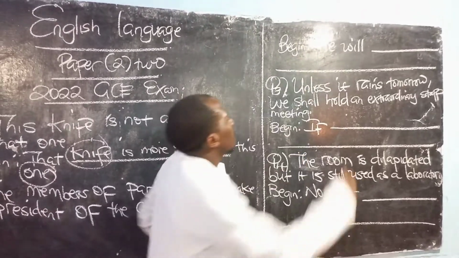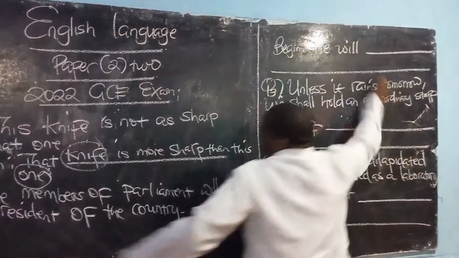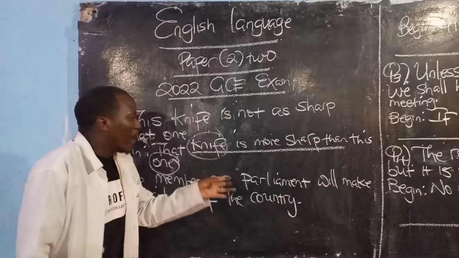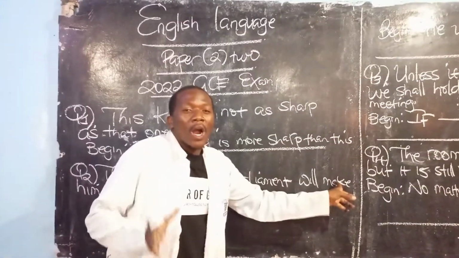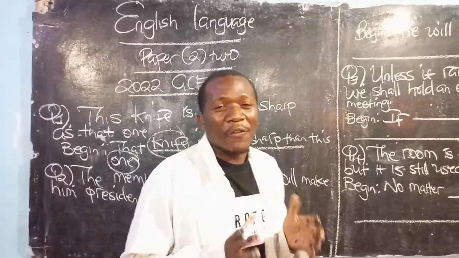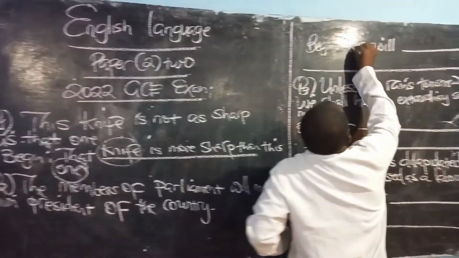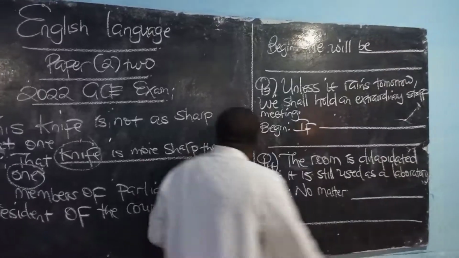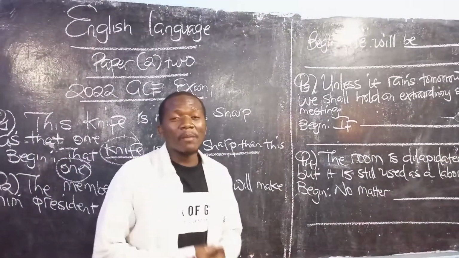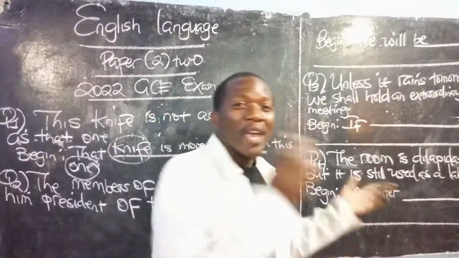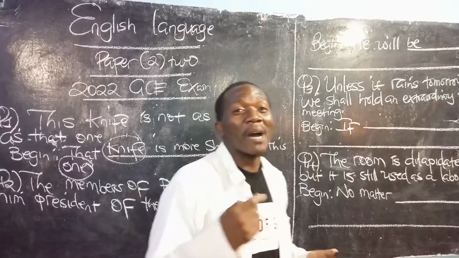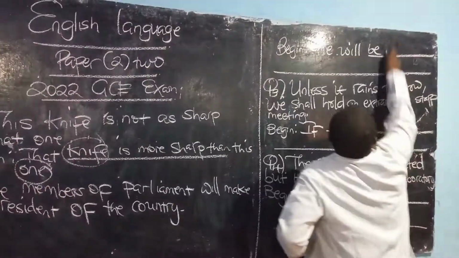So hence we're going to say he will, then go back. The members of parliament will make. We are going to assume as if this person has already taken office. Hence, we're going to say he will be. Then, where there is the word make, we are simply going to turn it into a past tense, which becomes made. He will be made.